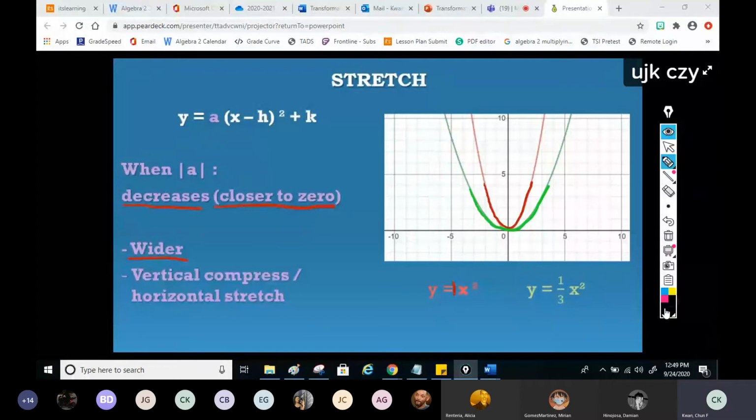And just like before, let's just say you have 1/10 x squared. The closer it is to 0, the wider the graph is going to be. It will be really wide when this number is that small.